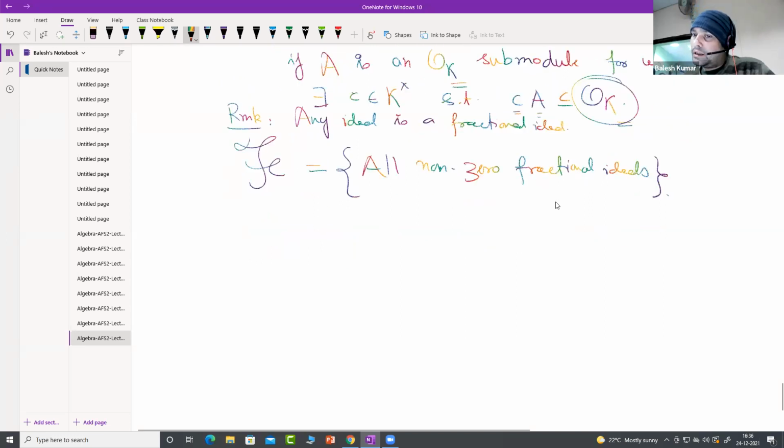And one can check that this is a group, an abelian group with respect to multiplication of ideals.